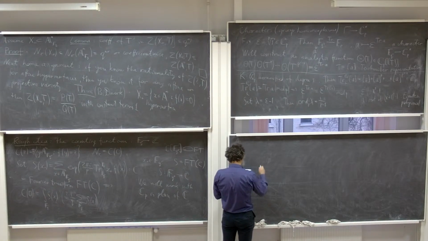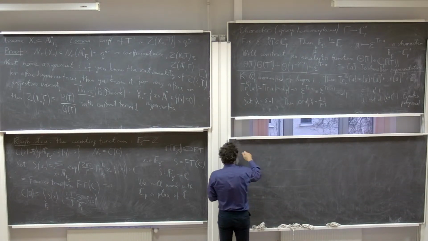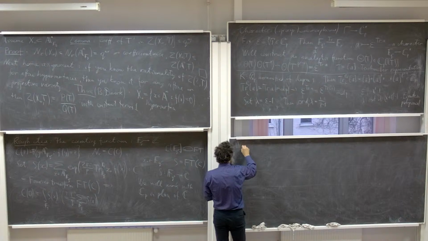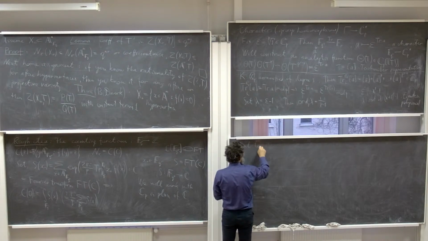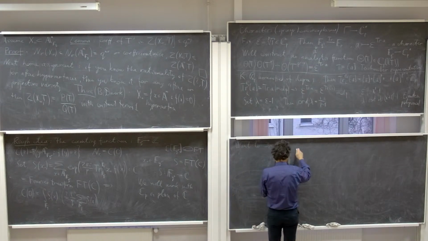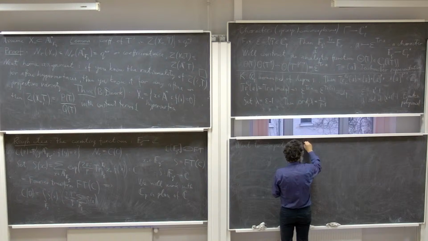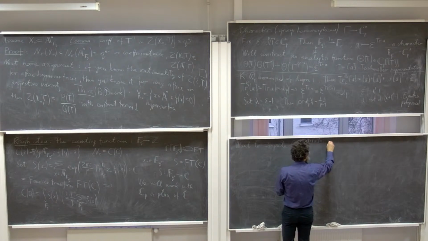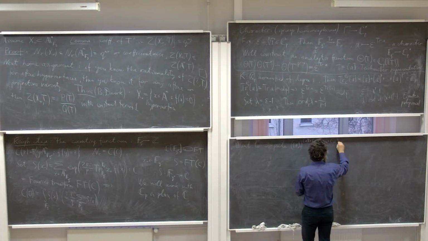Okay, so we want to compute 1 plus lambda to the power Teichmüller representative A plus Teichmüller representative A to the p plus and so on, plus Teichmüller representative A to the power p minus 1.